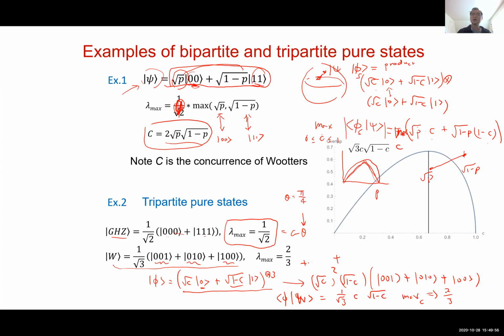I have a plot here. I think I'm missing a 3, because each of these overlaps contributes 1, so I have 3 copies of that. So that should be a 3, and this is the expression. This is a function of c. You can see the maximum is here.